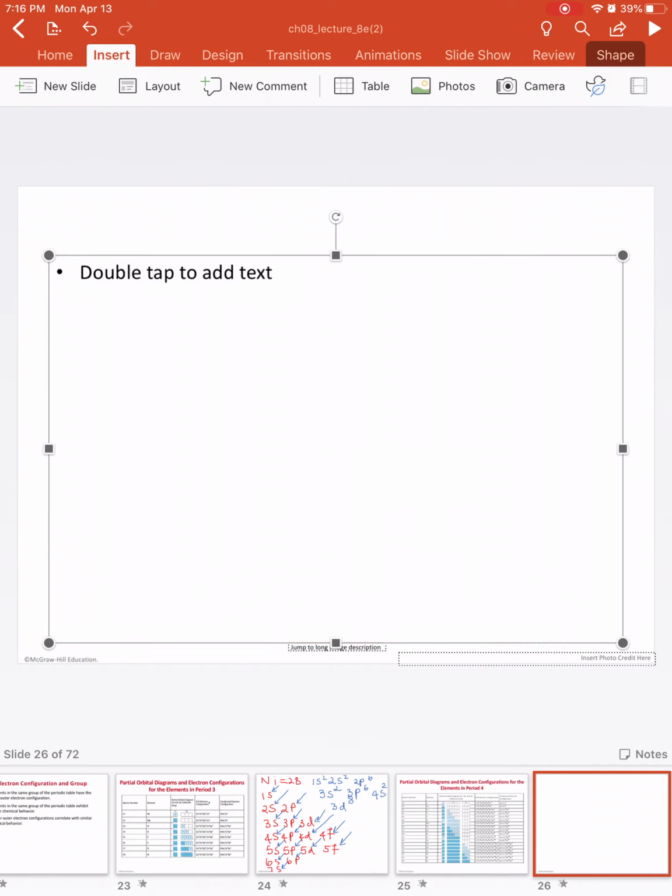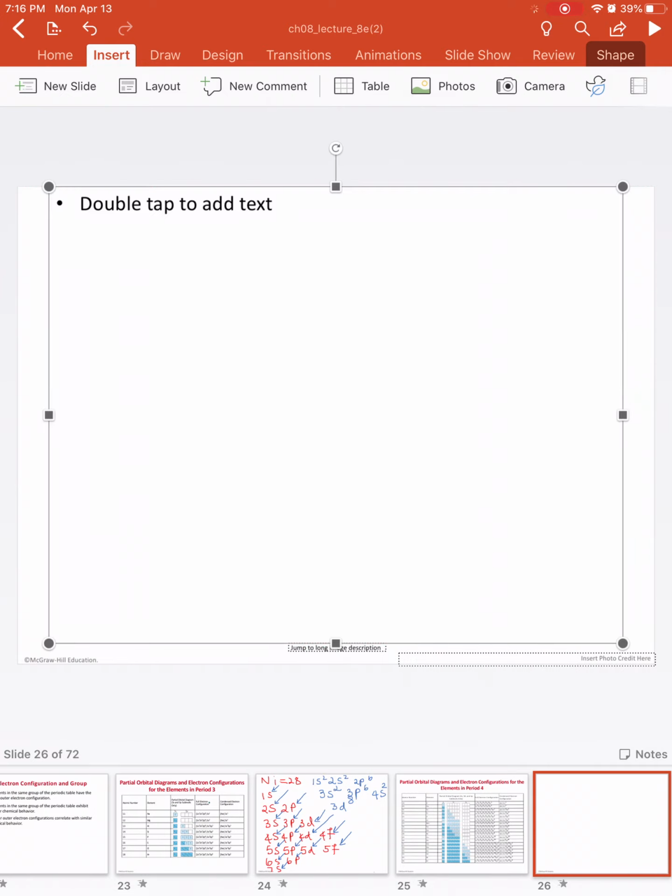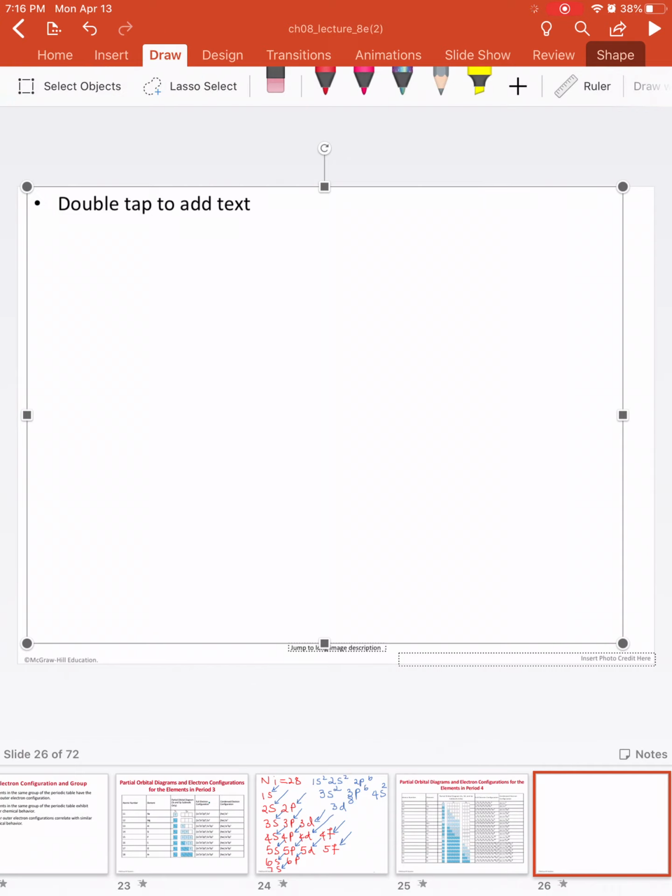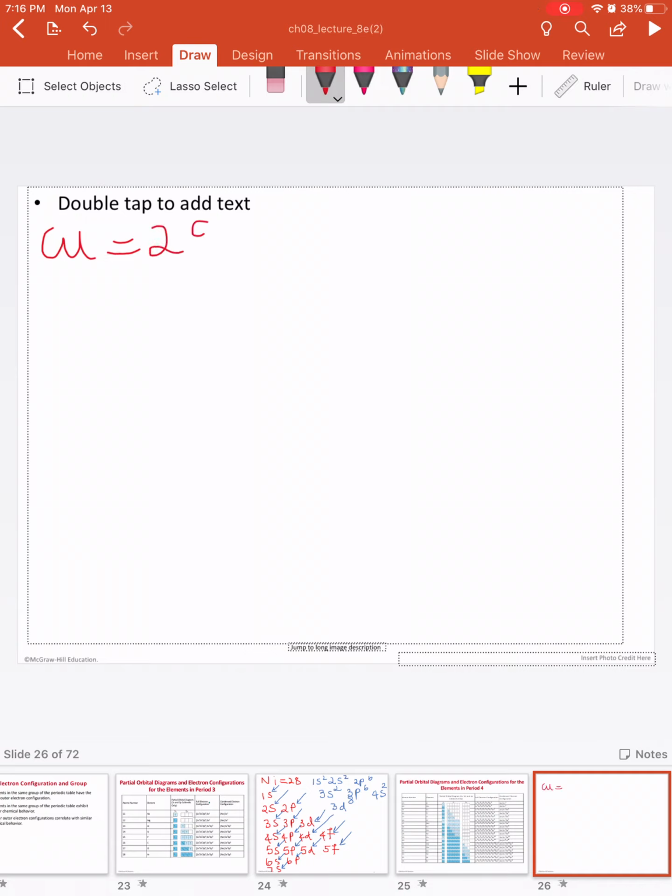Copper is 29. So we can start writing the electron configuration for 29.